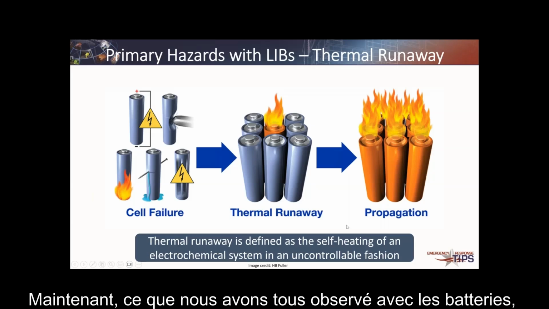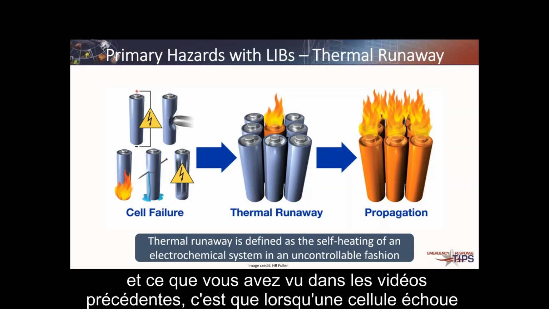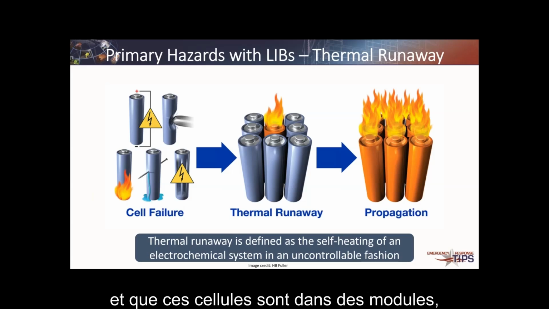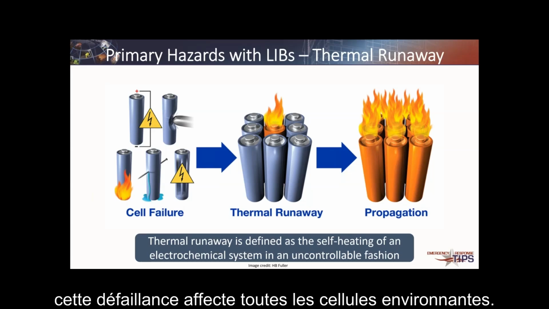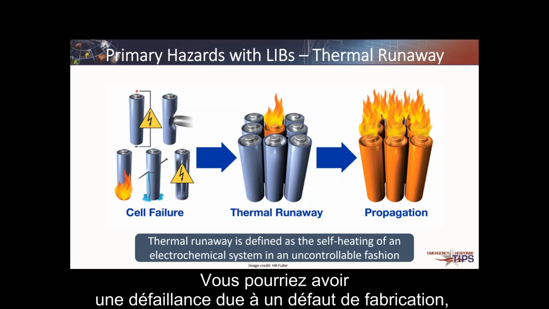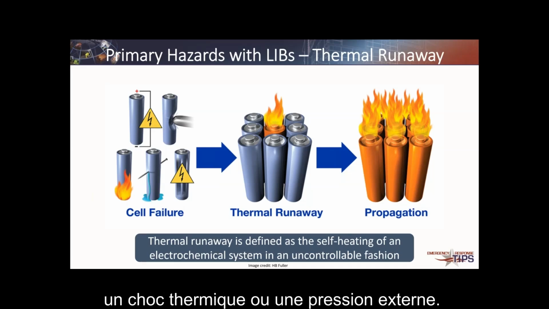Now, the thing that we've all seen now with the batteries, and you saw in those videos up front, is when you get a cell failure and those cells are in modules, those cells end up affecting all the cells around it. So you could have either a failure from manufacturing, a failure from a thermal insult, a failure from an external pressure insult.